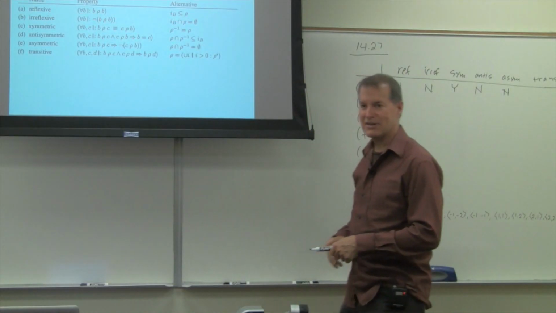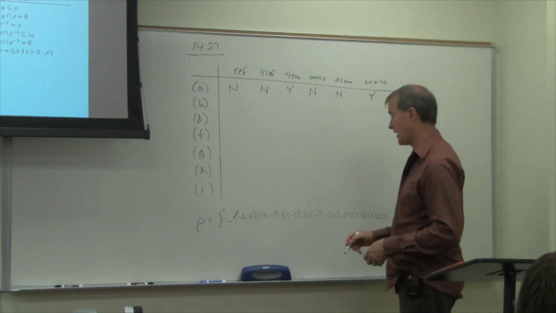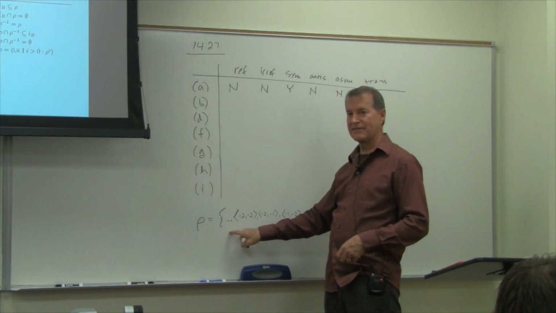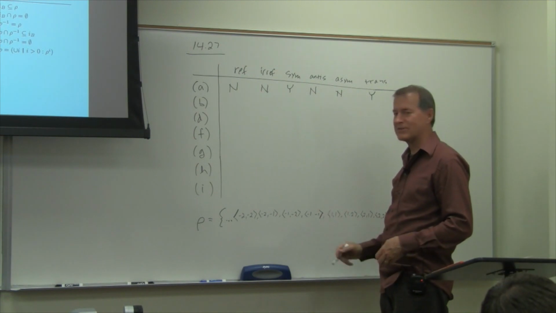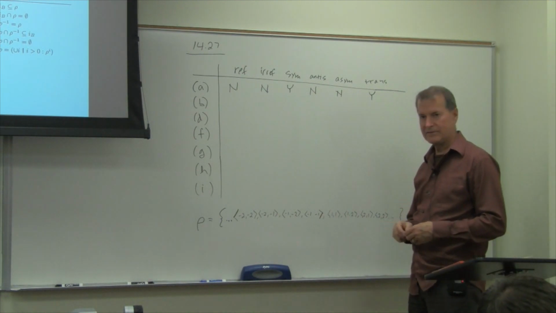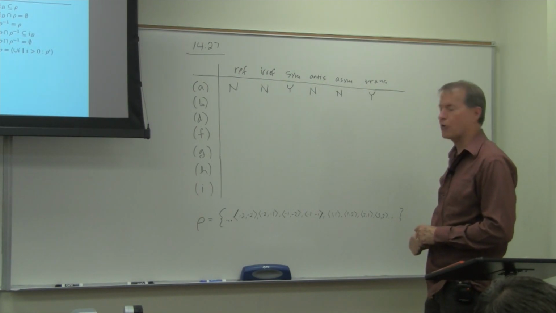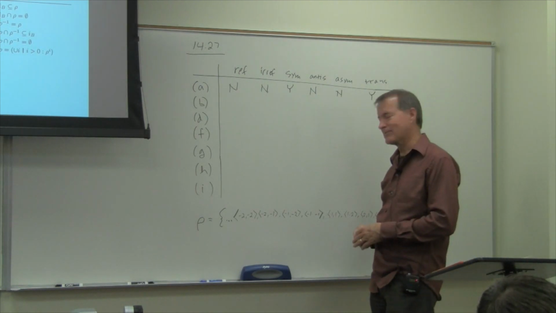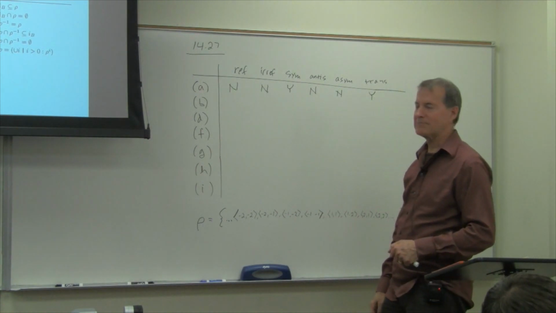The answer is yes. This is dot, dot, dot, so I didn't do all of them. They don't have to be just one apart. There's a (-3, -1) also, for example.